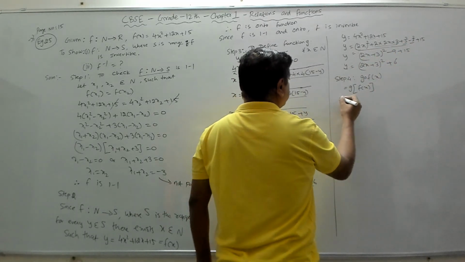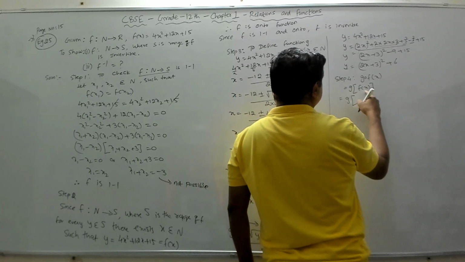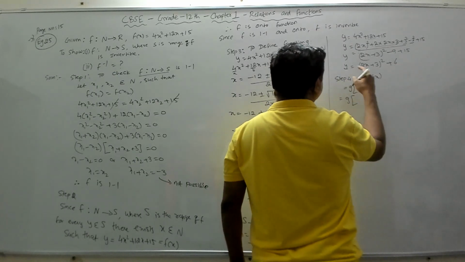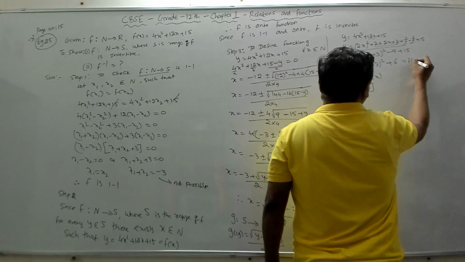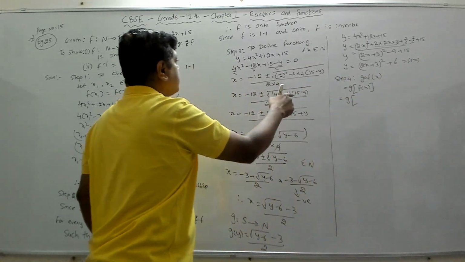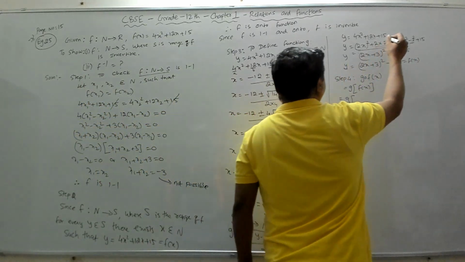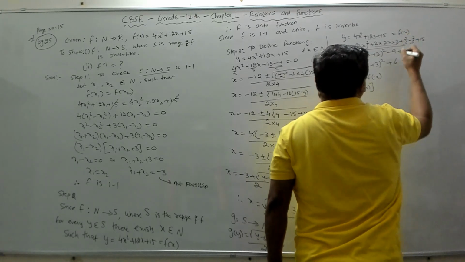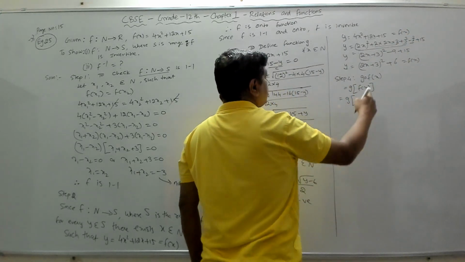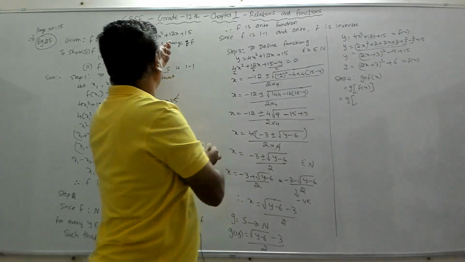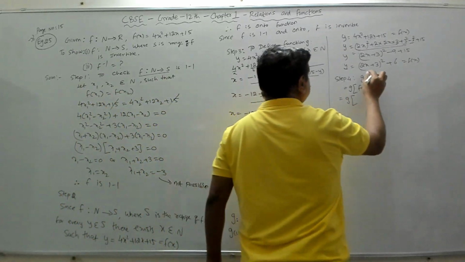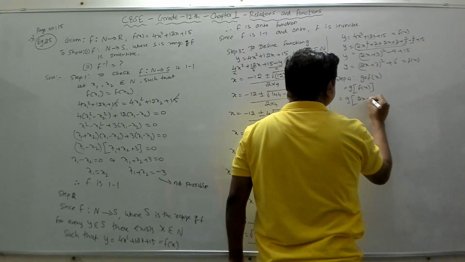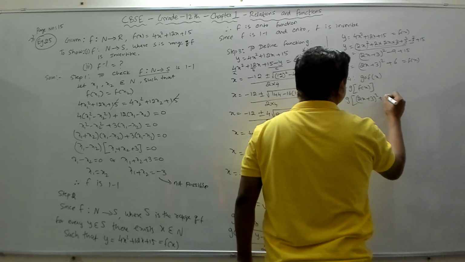Now that is equal to g of, what is f of x? Your y is equal to this, this is your f of x, right? This is also your f of x. So instead of writing f of x in this form, we'll write it in this form: 2x plus 3 the whole square plus 6.